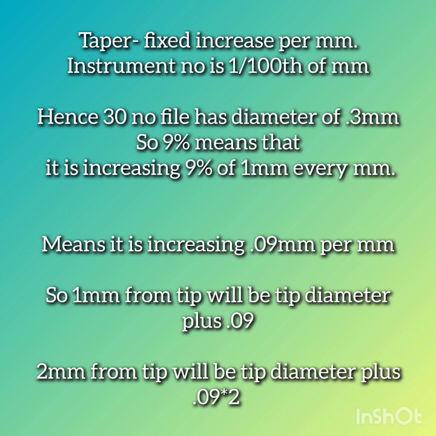So D2 will be larger than D1 by 7%, and this is across the length of the instrument. For ProTaper this is valid for 3 mm only. So the question will be asked within 3 mm only. It won't be asked further because the ProTaper design is actually patented and a bit complicated. So up to 3 mm this taper is constant.